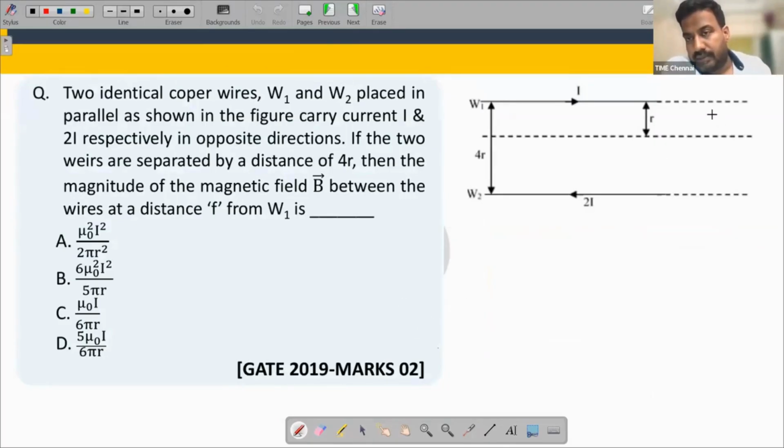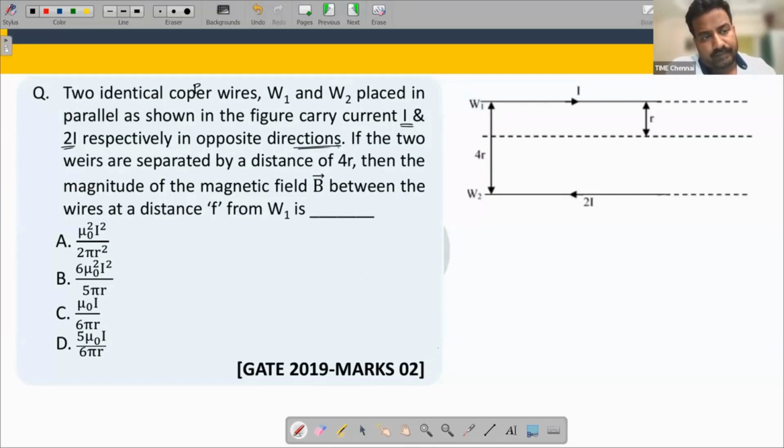Let us solve this one. Two identical copper wires, W1 and W2, are placed parallel as shown in the figure, carrying current I and 2I respectively in opposite directions.